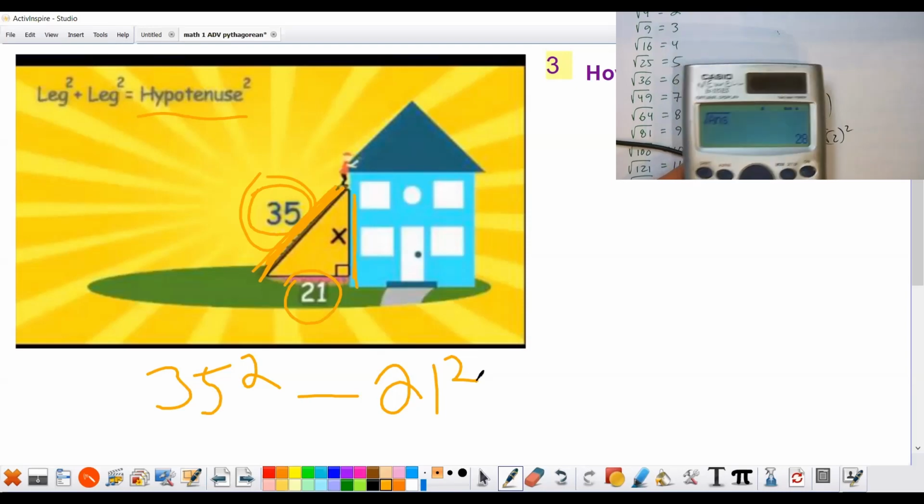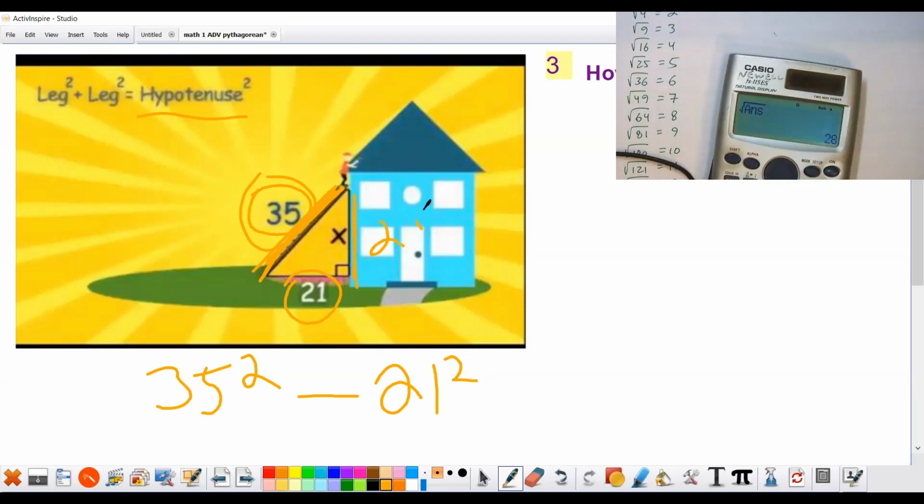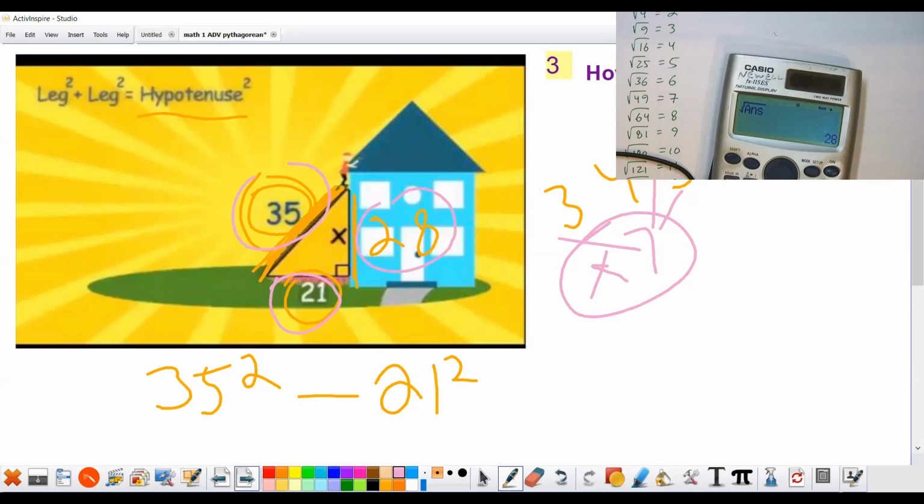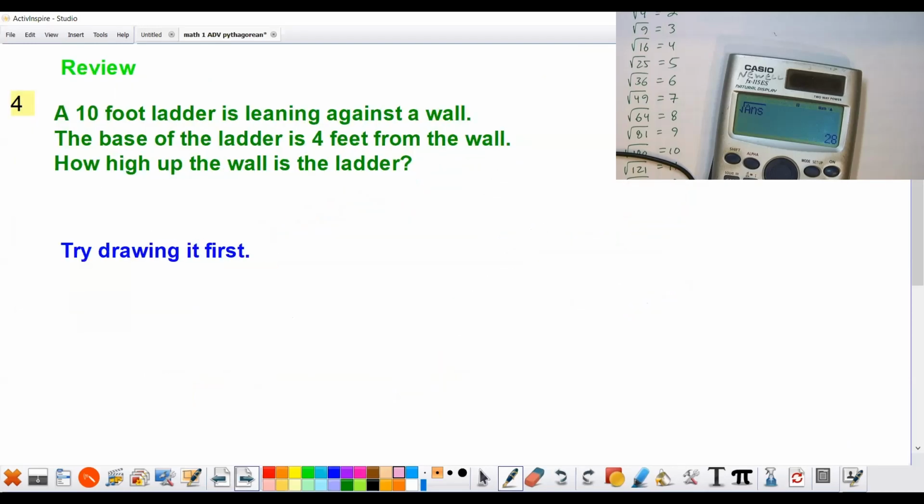Hey, it's perfect, 28. Because this was actually a 3, 4, 5. Times them by 7. 3 times 7, 21, 28, 35. Clever.